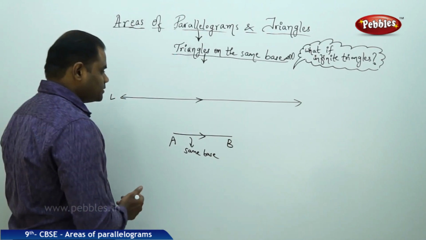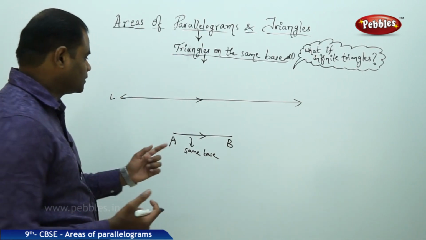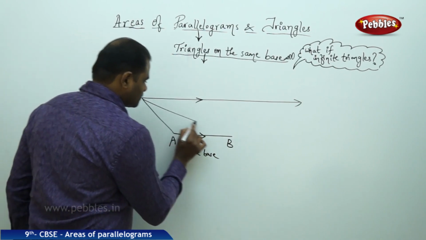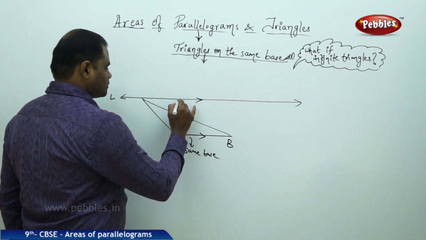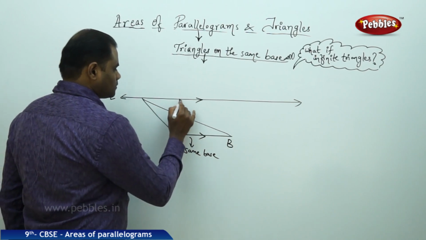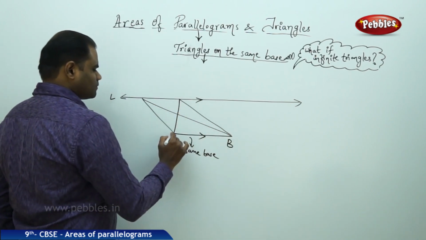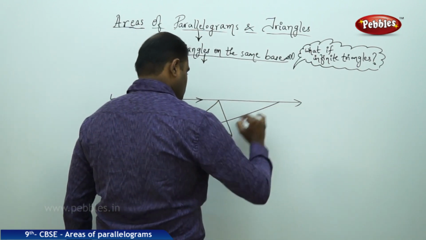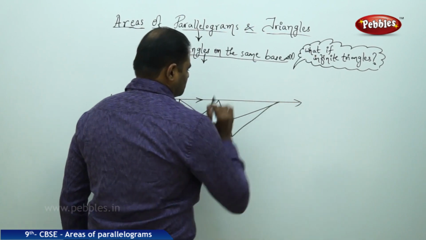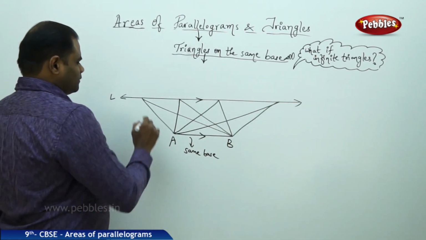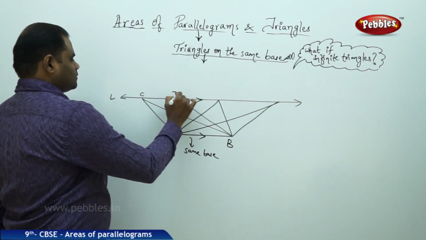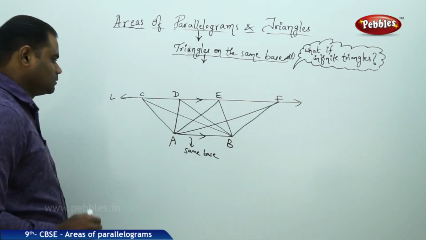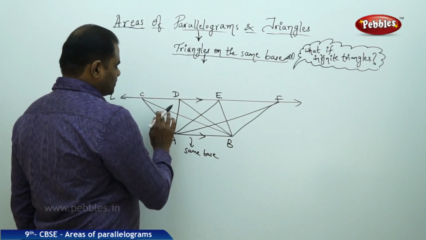Just like in the previous case we had taken two triangles, now I take many triangles: triangle number 2, triangle number 3, triangle number 4. So here I have totally 4 triangles.